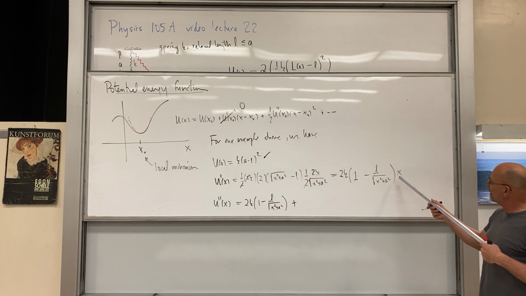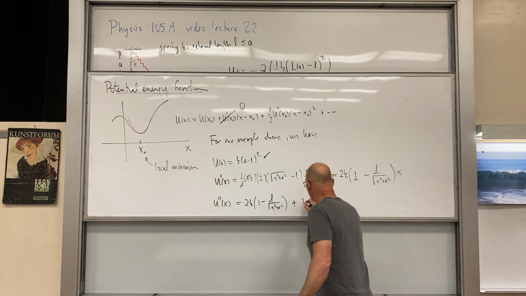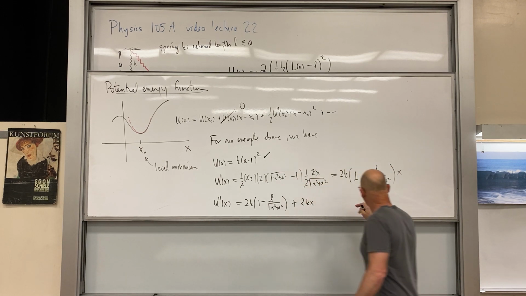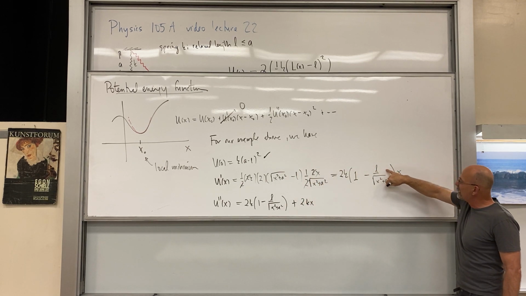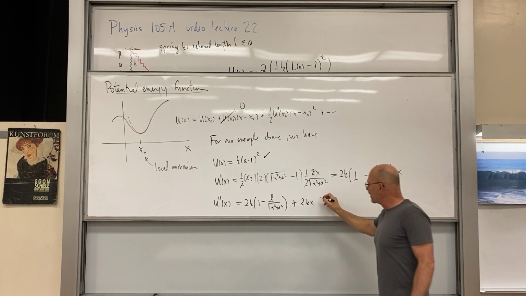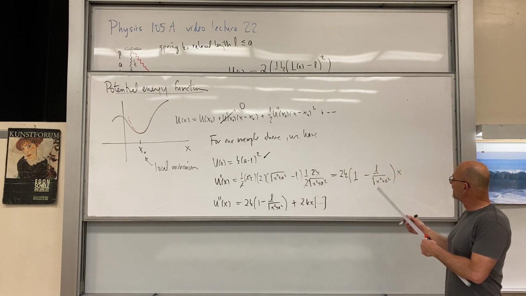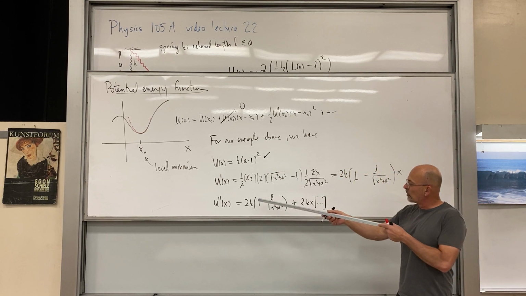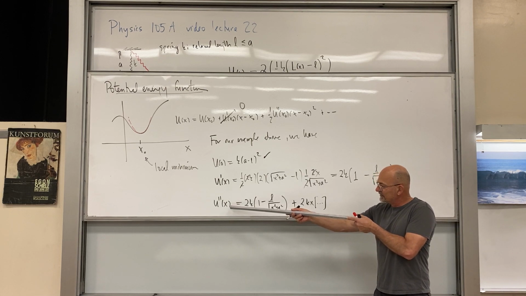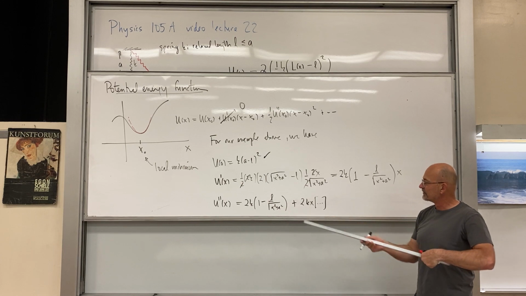and now I'll just write 2kx, and when we differentiate this object here, we're going to bring out a 2x again. So I'm just going to put dot, dot, dot. We know that when we evaluated at x equals 0, this is all that remains here.